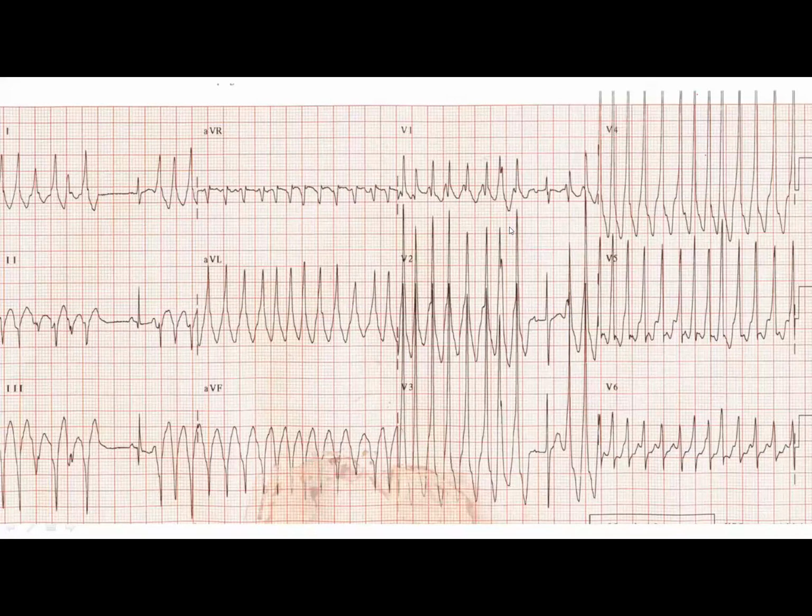Okay. This is clearly, is this a tachyarrhythmia or a bradyarrhythmia to begin with? Tachyarrhythmia. Okay, that's good. And do you see P waves?